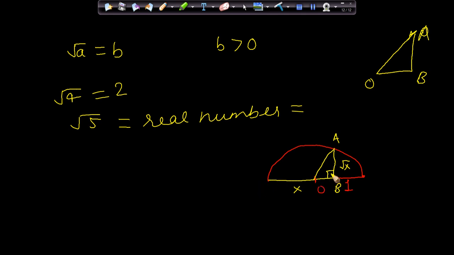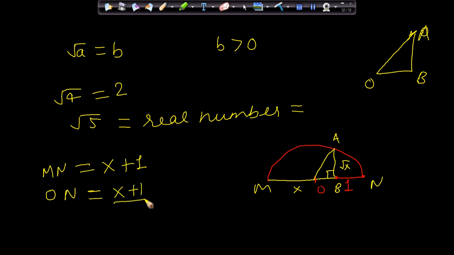We know this whole length, this MN, is x plus 1, right? This MN is x plus 1. What is ON then? If MN is the diameter, then ON is what? Radius, right? So radius is half of diameter. Radius of a circle is half of diameter.